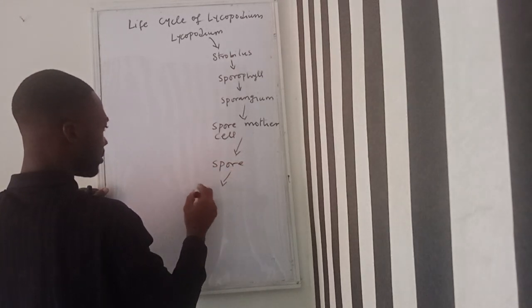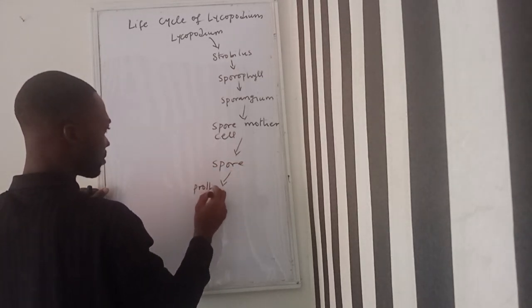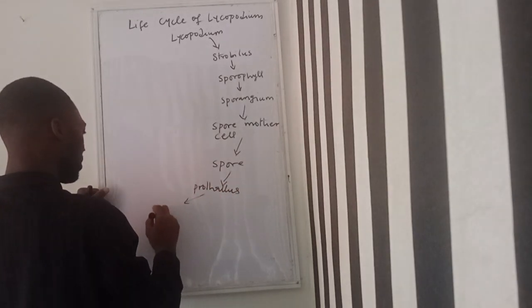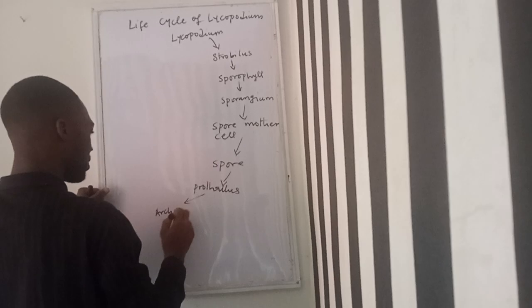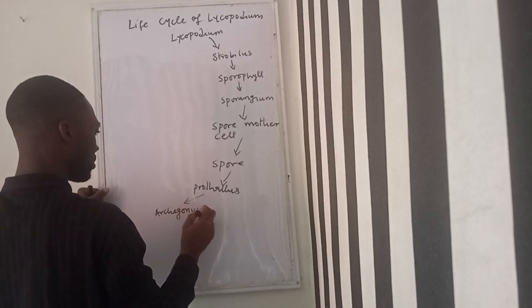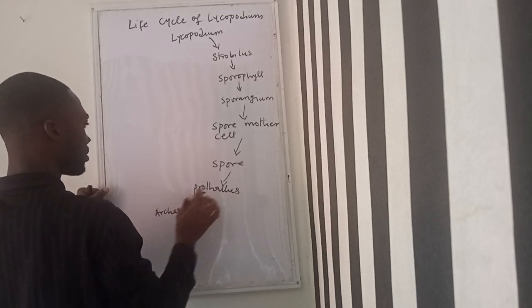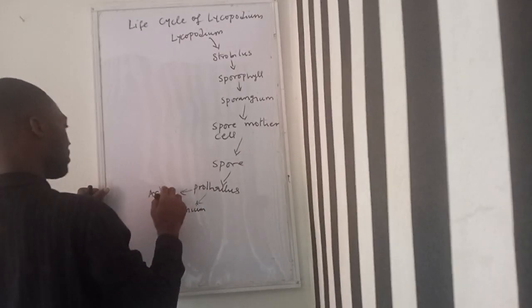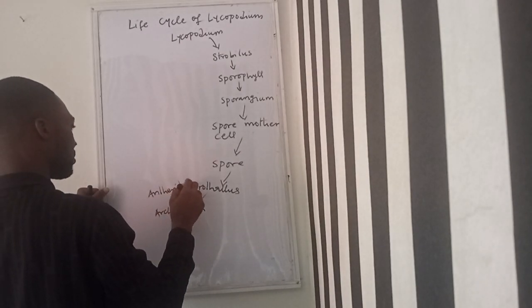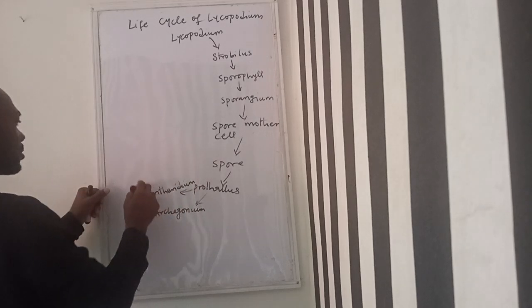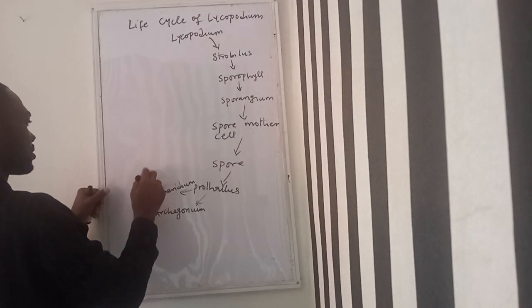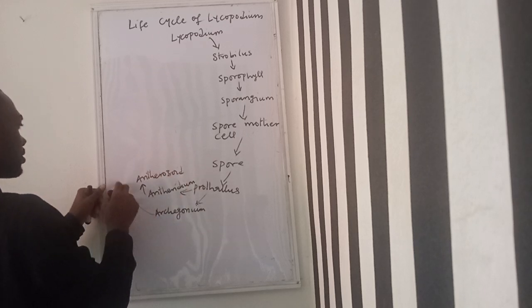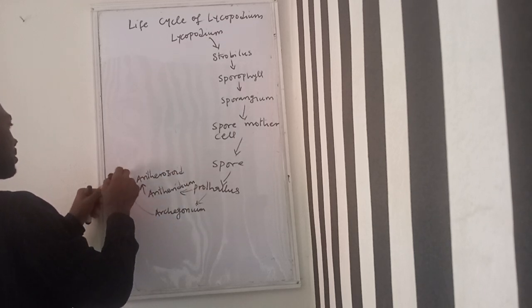Then the spore germinates into the prothallus, having both archegonium and antheridium. Antheridium, of course, produces the antherozoid. The archegonium produces the egg.